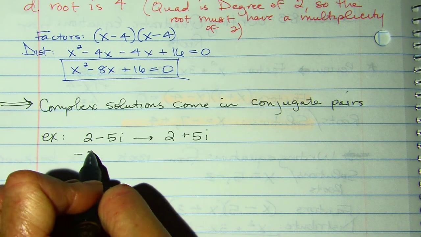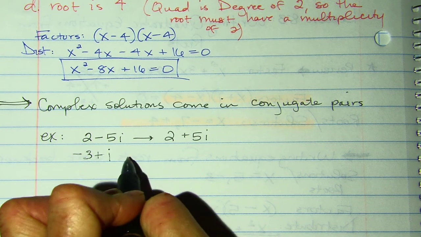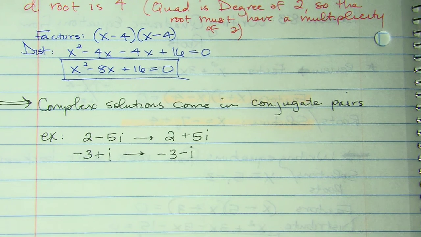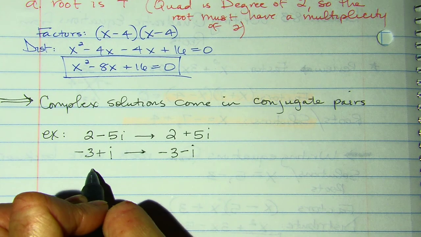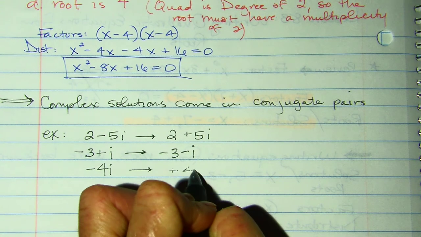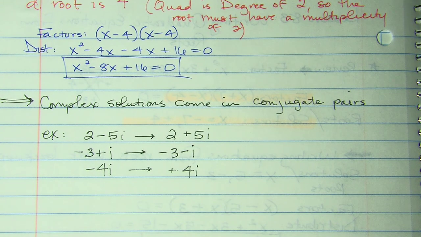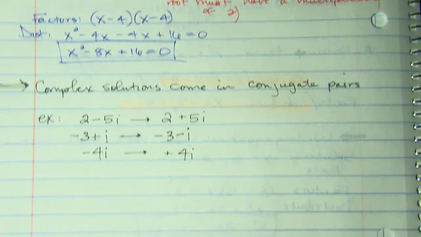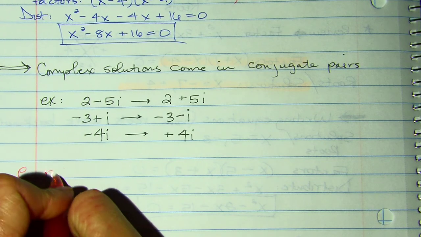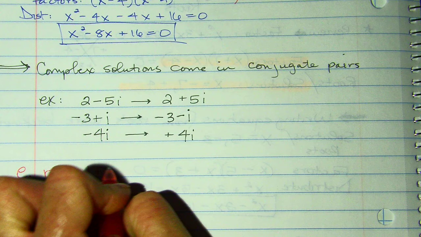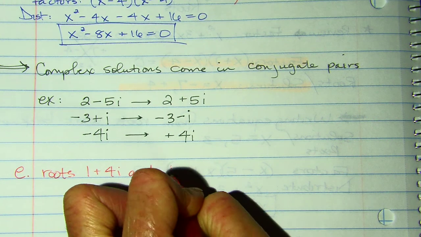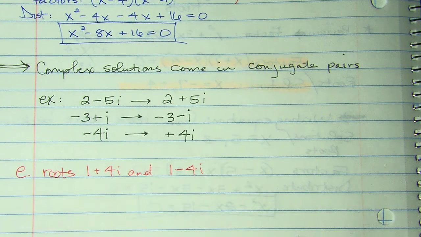If negative 3 plus i is a solution, then its conjugate pair of negative 3 minus i is a solution. If negative 4i is a solution, then positive 4i is a solution. So they always come in pairs. We're going to do part E. Our roots are 1 plus 4i, which means the other pair, 1 minus 4i, is a solution.